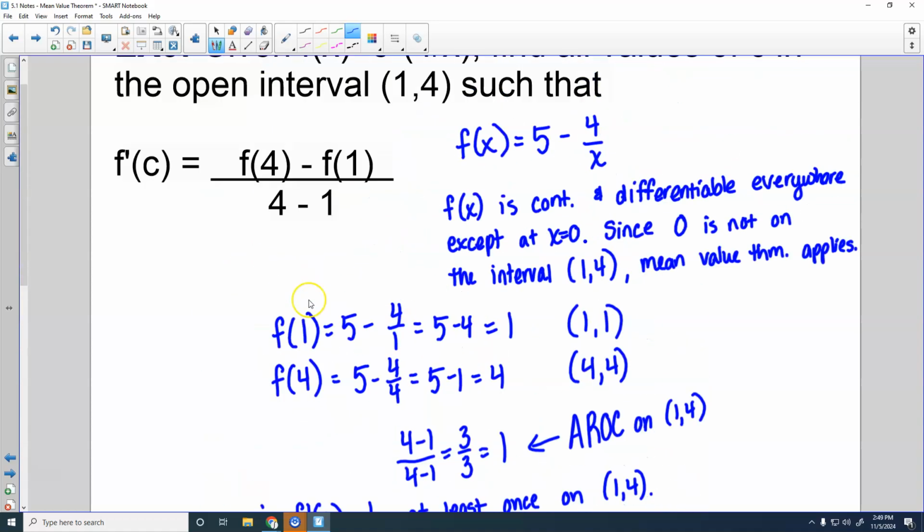So if you look through the steps whenever you have a problem like this, the first step right here is continuous and differentiable. This right here is your second step, to find endpoints.